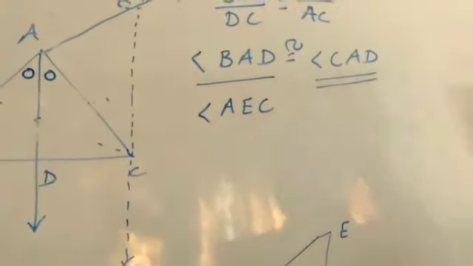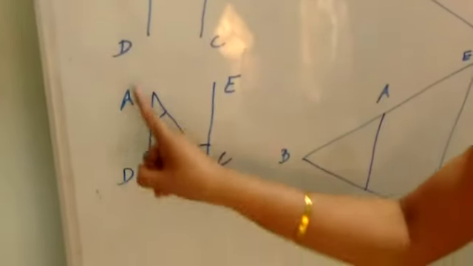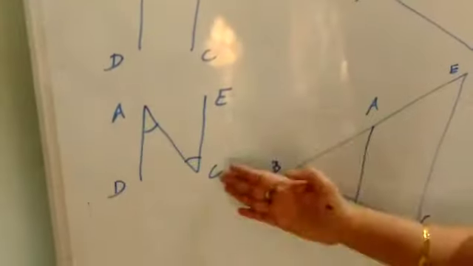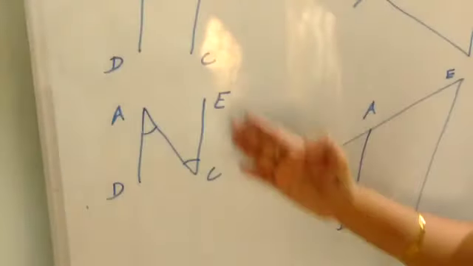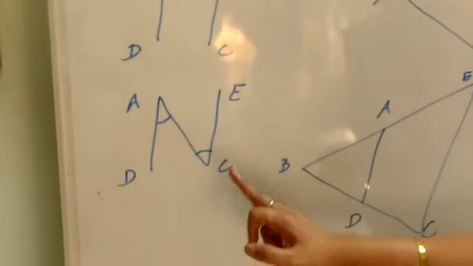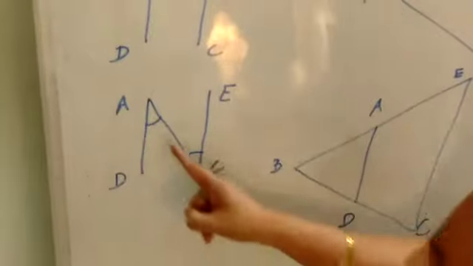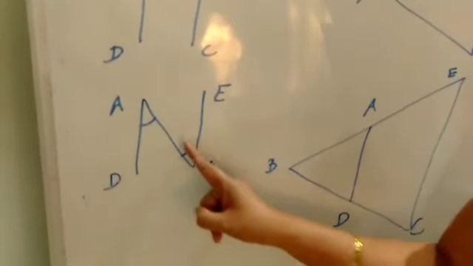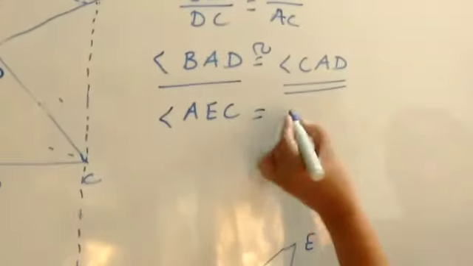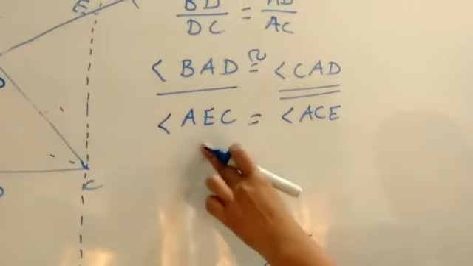Now see this angle CAD. Watch this figure. AD is parallel to EC. These two, DAC or CAD and ACE, are alternate angles. So instead of CAD, here I will write ACE.